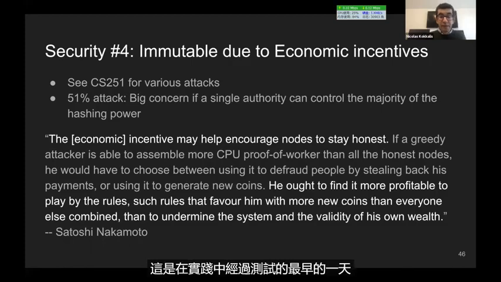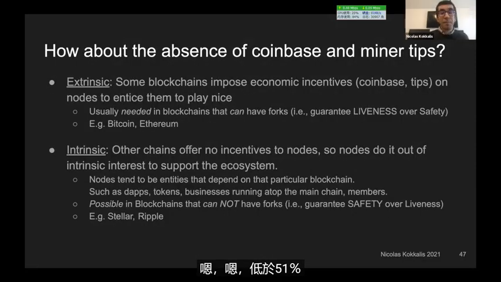And in fact, this was tested in practice. In the early days, one mining pool ended up becoming as big as more than 50%. And what they did is they actually started rejecting people who joined that pool so that they could go below 51%.